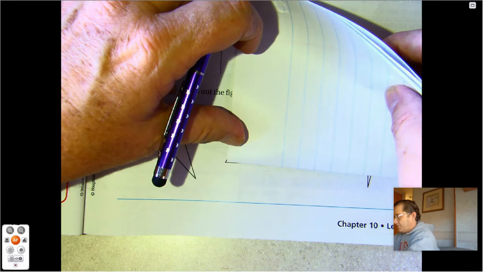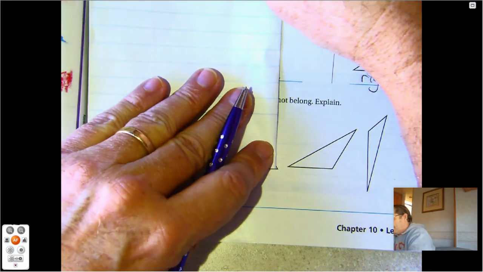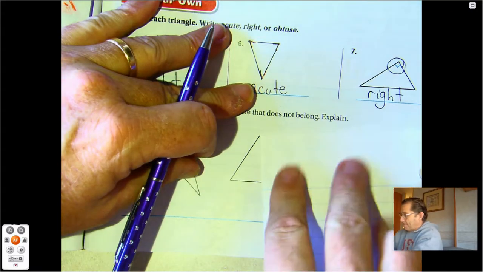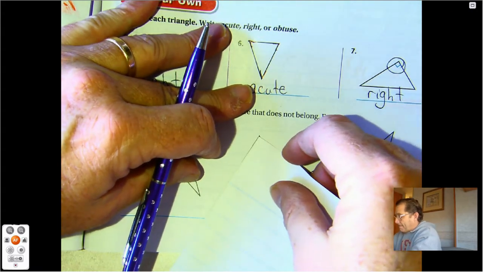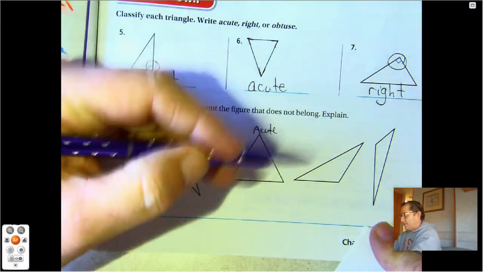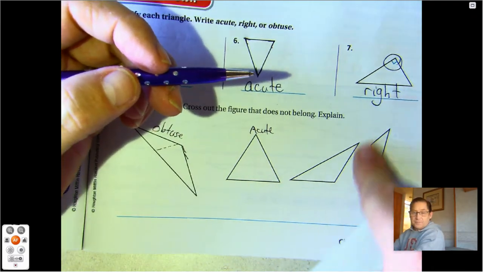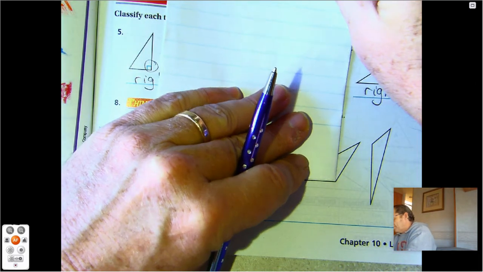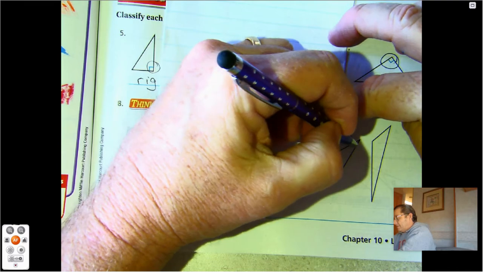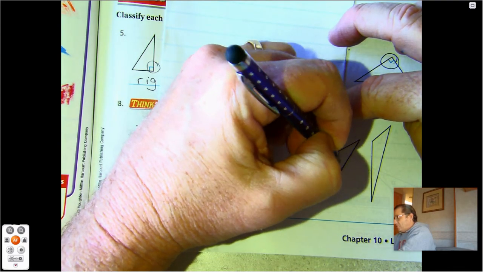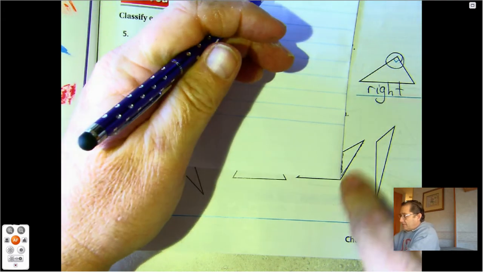That angle is acute. That angle is acute. And that angle is acute. So that's an acute triangle. This looks like an obtuse angle. Yes. This part right here is open much wider than what a right angle would be. So this is obtuse.